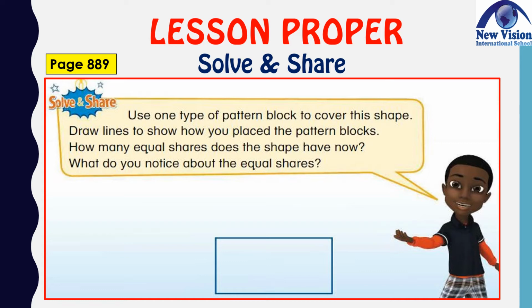Take a look at this. We use two squares to correctly partition the rectangle into two equal shares. The two equal shares are squares.